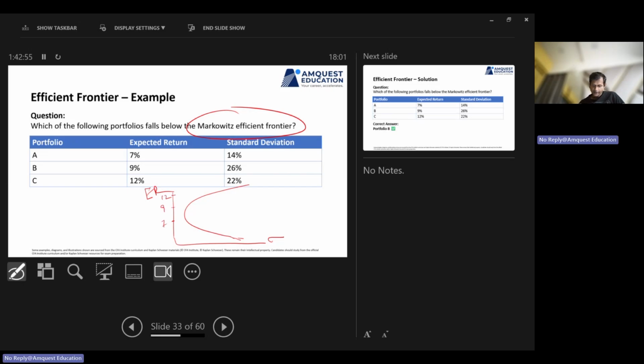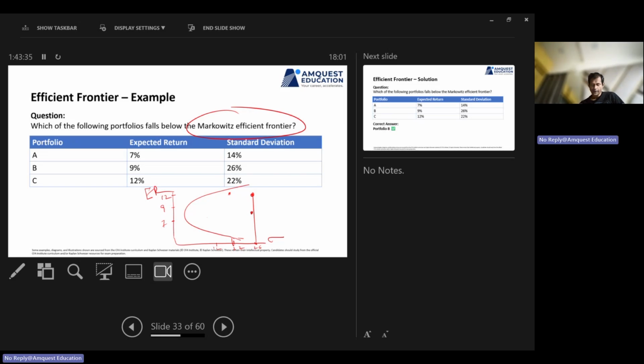Deviation: 14, let's say 22, 26. 22 and 12 lies here. 26 and 9 lies here. And 14 and 7. Which one would be lying below the efficient frontier?